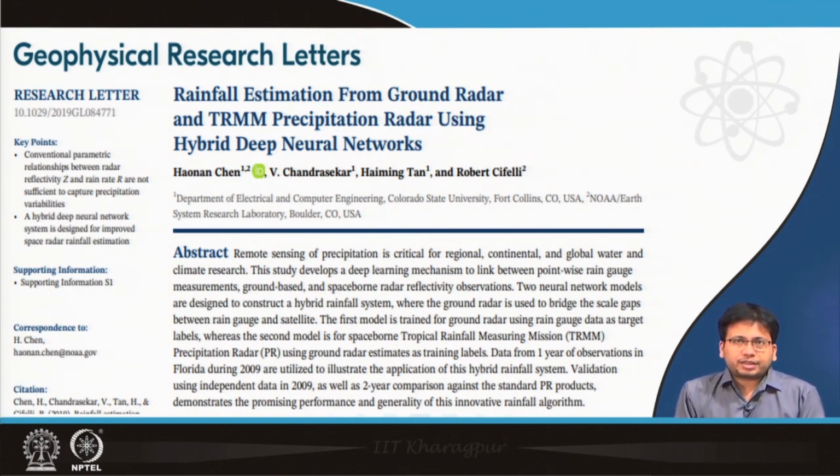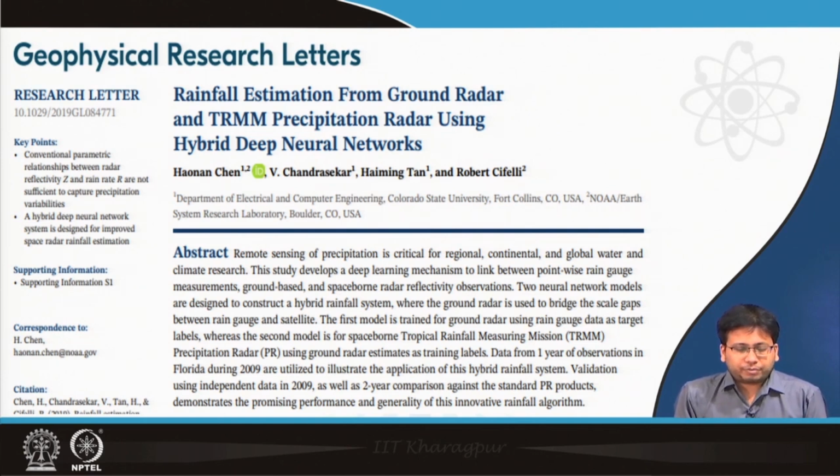So now the question is, just like in the previous cases where we were taking the best of both worlds, that is, one source had high spatial resolution and the other source had high spectral resolution, in this case, instead of spectral resolution, can we talk about accuracy? That is, one source has high accuracy, the other source has high spatial resolution. Now can we take the best of both worlds? That's the idea of this paper.